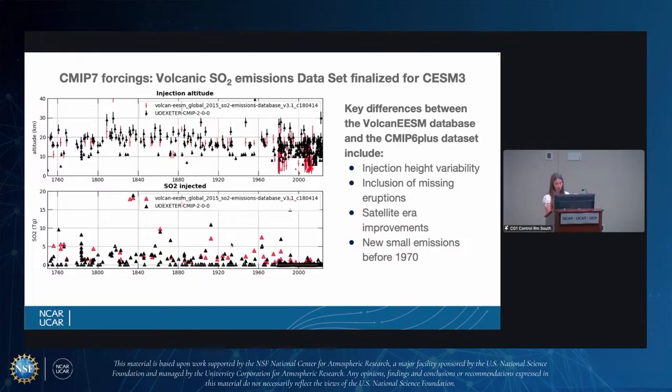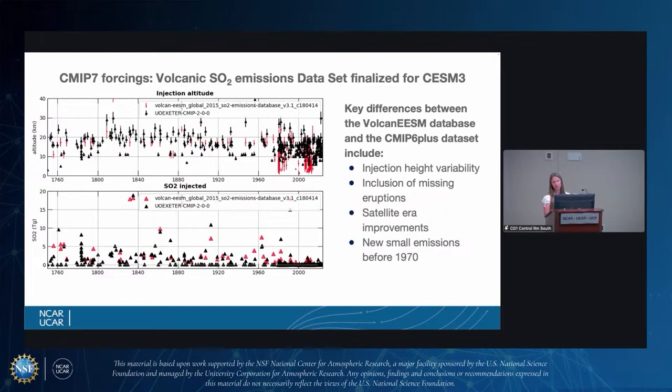So all the volcanoes in the past, even from 1750, are listed here, and differences between the old data set and the new data set are indicated by the red points. That was the old data set that is different from the new one. The new data set is an update done by Thomas Aubrey and others.